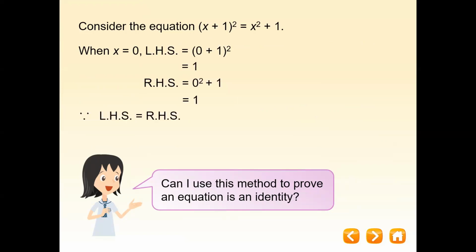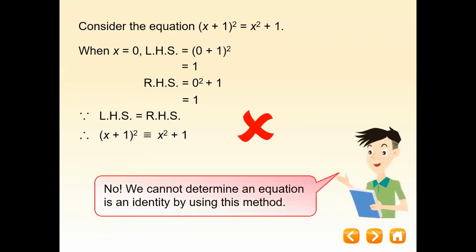Because left-hand side equals right-hand side, you may argue that (x + 1) squared is identical to x squared + 1. But the answer is no. We cannot determine an equation is an identity by using this method.